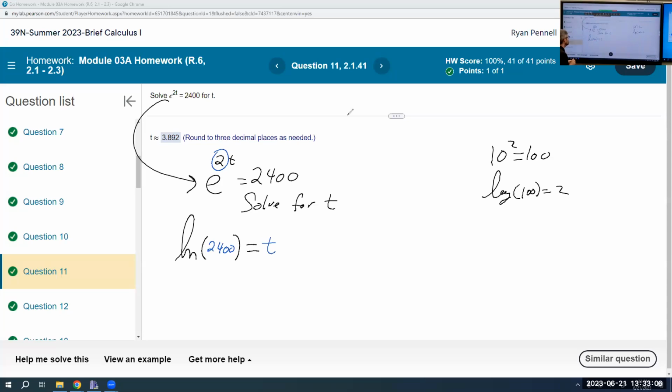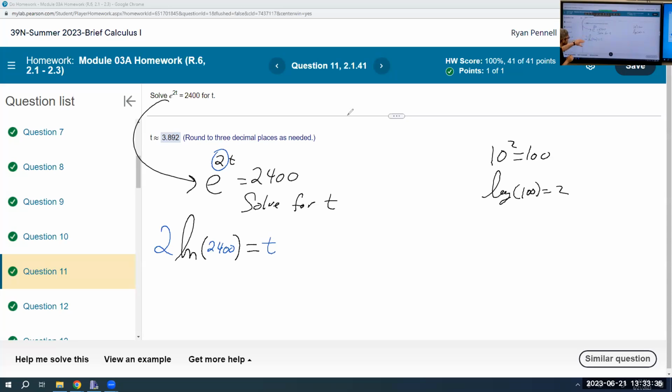So where does the 2 go? Does it go here? What should we do? So this is where it's difficult because we're just looking at examples rather than problems.